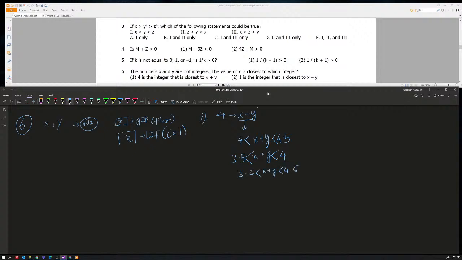It is in this range. But these are not integers, so that's okay.